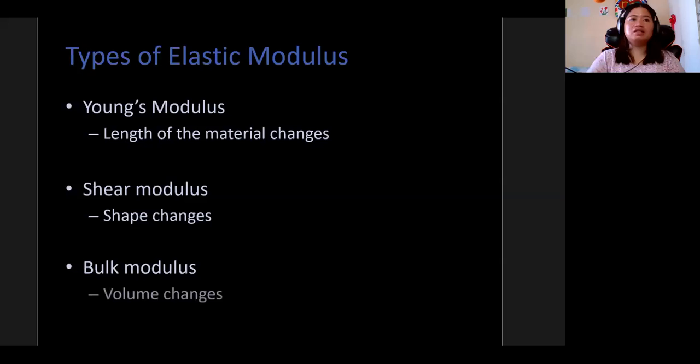The last one is the volume change or the bulk modulus. Example of that is, let's say, this one. This is a surgical glove. And this glove, when I blow air in it, obviously it will inflate.